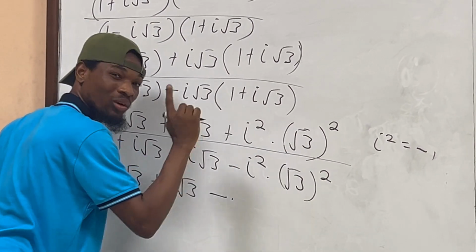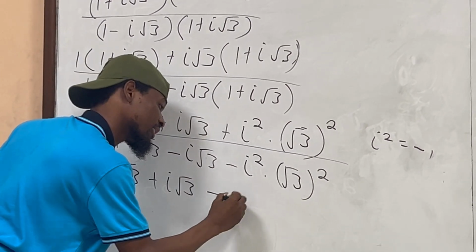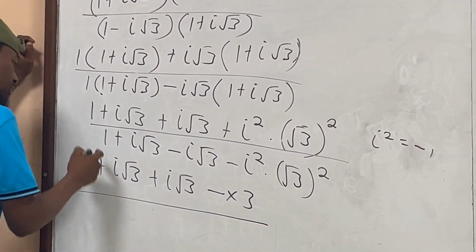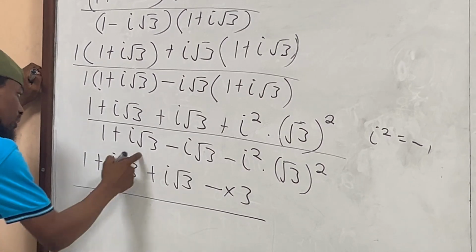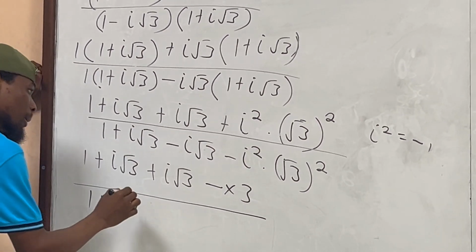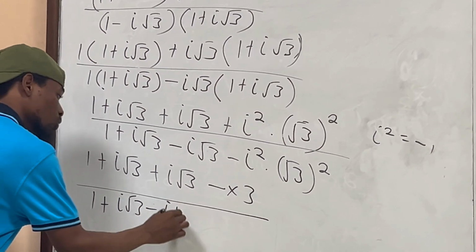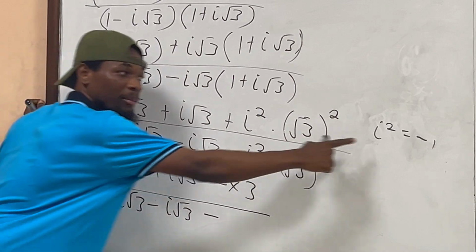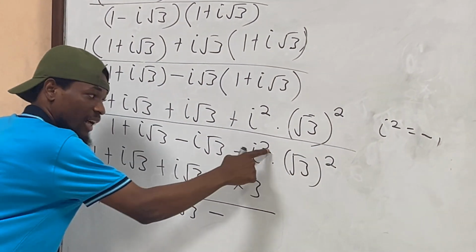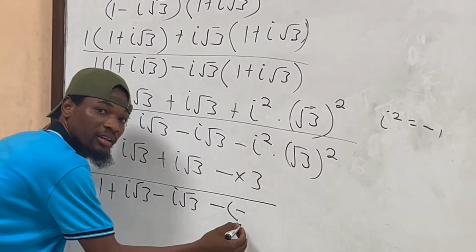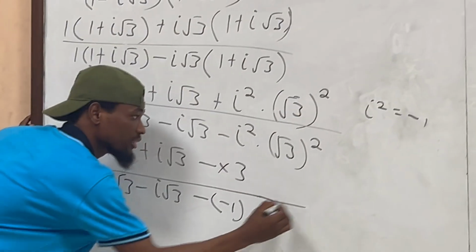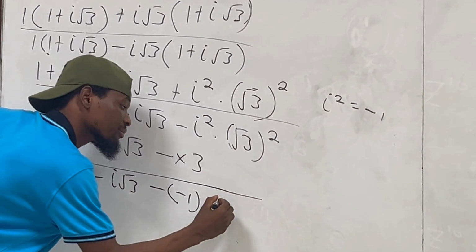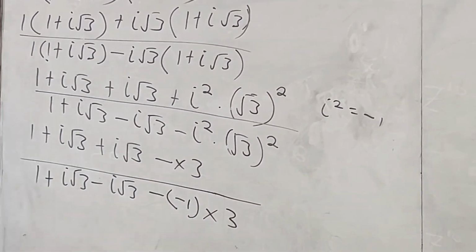Then all over 1 + i√3 − i√3, then minus, because of i squared, −1, times 3.